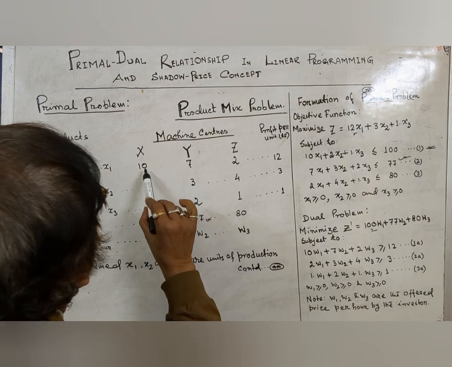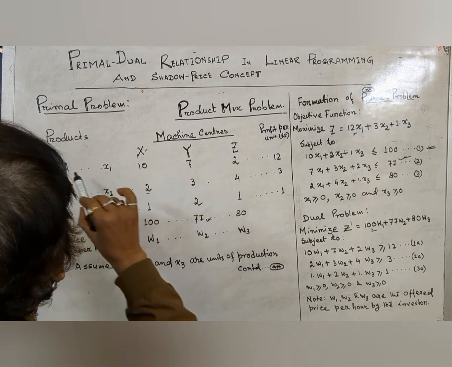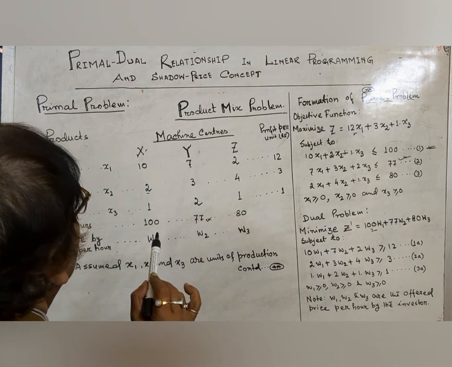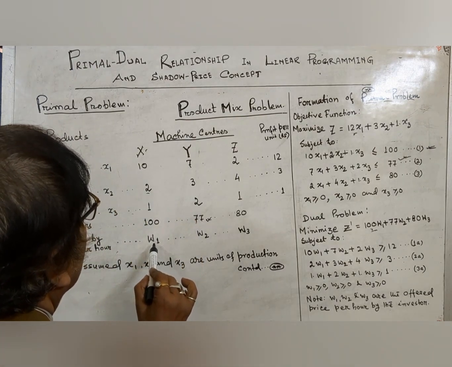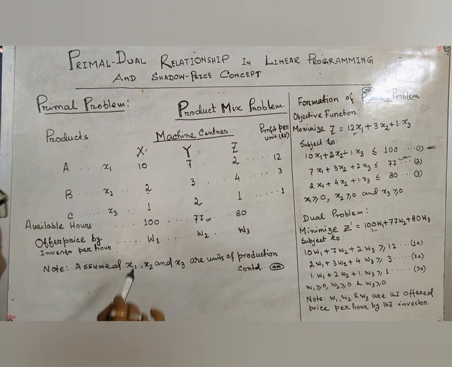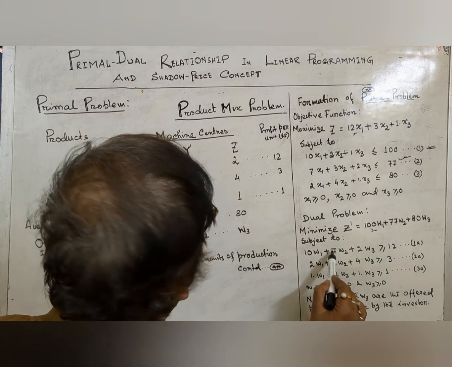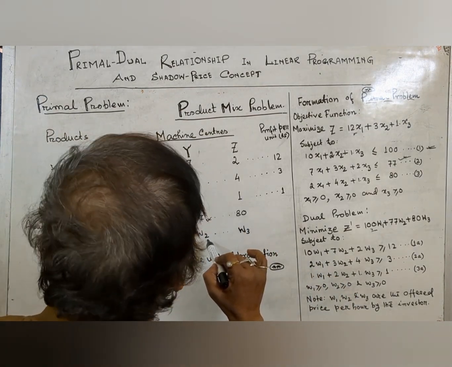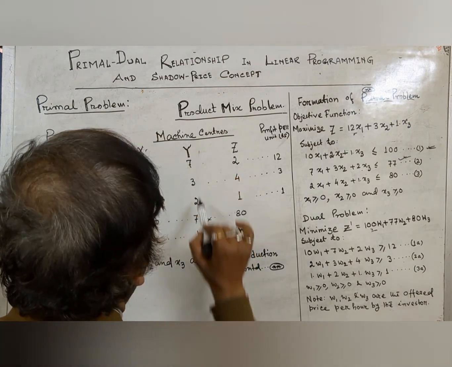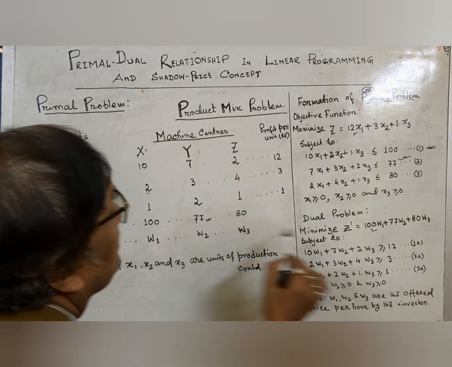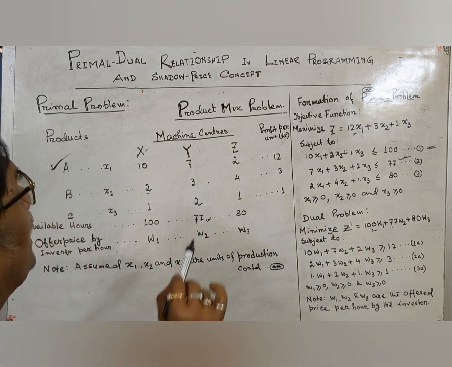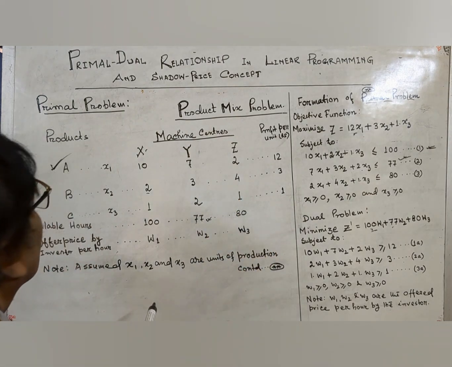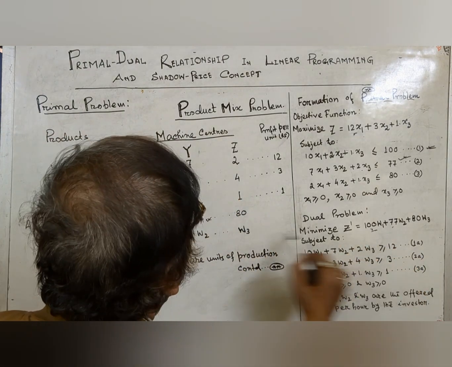How much will the manufacturer get for these resources? Since a product A needs 10 hours, the manufacturer will get 10 into W1, plus 7 into W2 for these resources, plus 2 into W3.